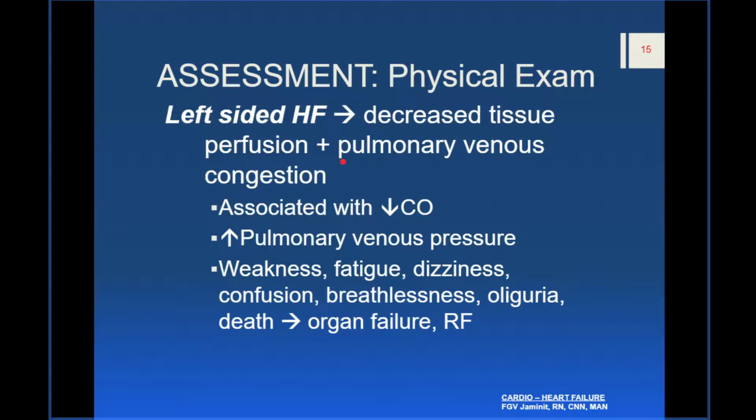So this may be associated with decrease in the cardiac output, increase in the pulmonary venous pressure. That's why patient would be coughing kasi nag-increase yung pressure sa lungs, no? There would be weakness, fatigue, dizziness, confusion, breathlessness, oliguria, and death.